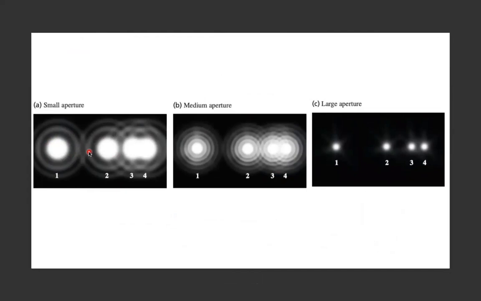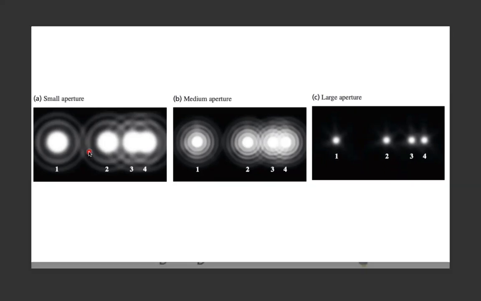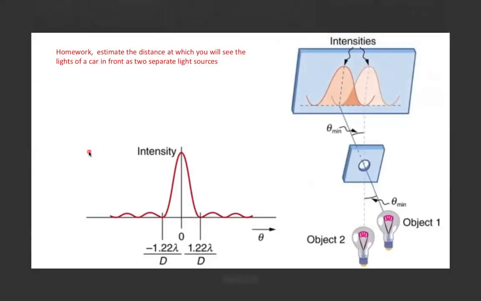Okay, it's a bit more technical than what we did for the horizontal slit of width A, but it is essentially the same thing. Okay, so the numbers are not really that different. The characteristic length has to be multiplied by 1.22.